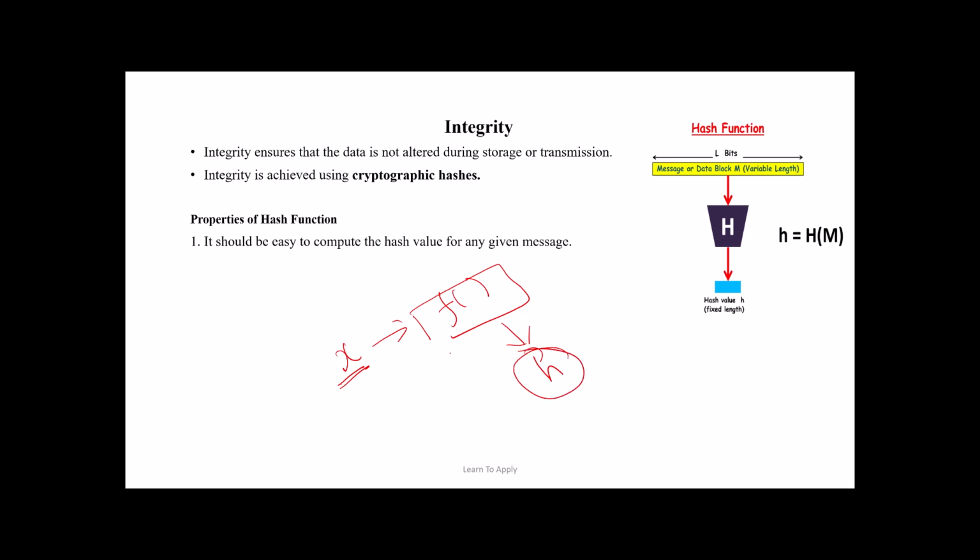So this is only one way, that is, it is easy to compute the hash of any given message, but it is computationally infeasible to go back to x from h, right? I hope this makes sense now. Okay, so we'll move forward and look at other properties.